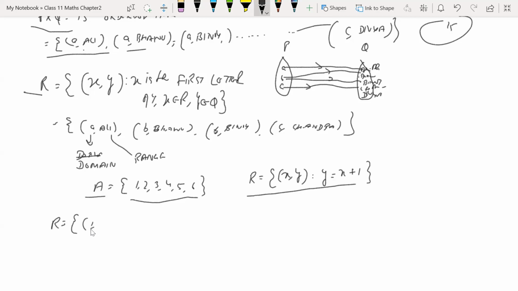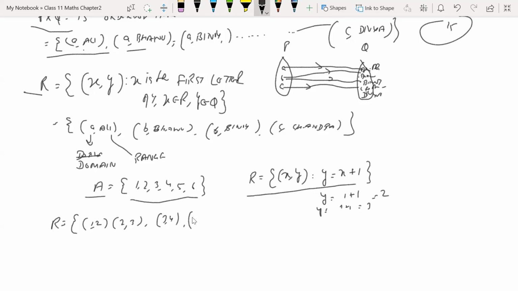If x is 1, then y is 1 plus 1, which is 2. If x is 2, then y becomes 2 plus 1, which is 3. So (2, 3), then (3, 4).